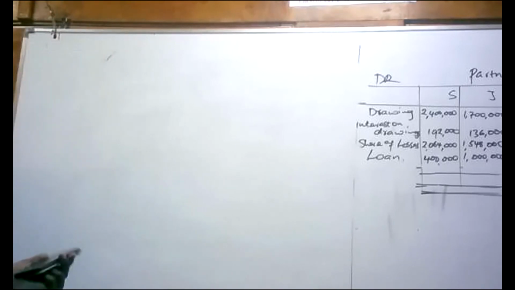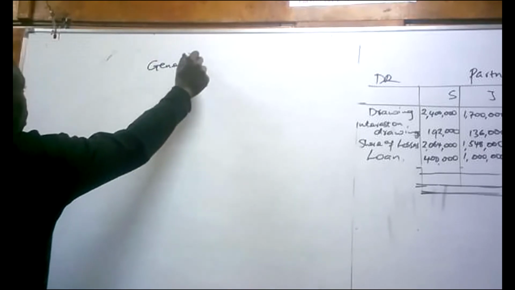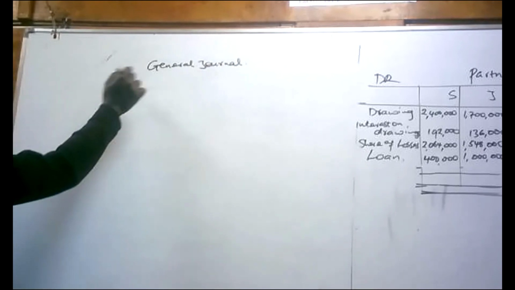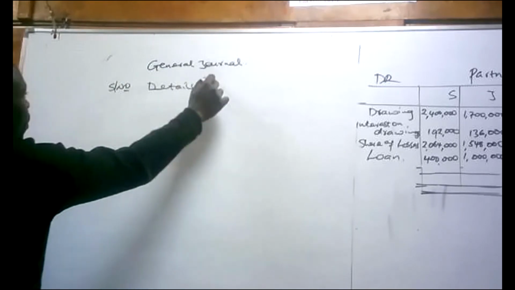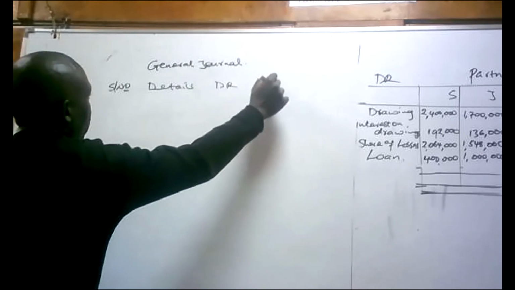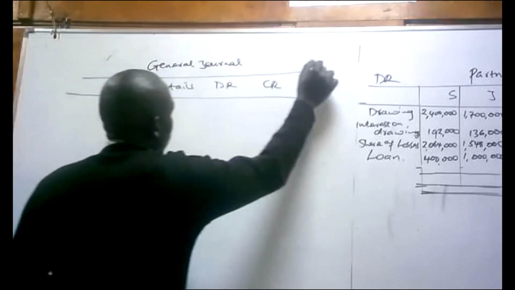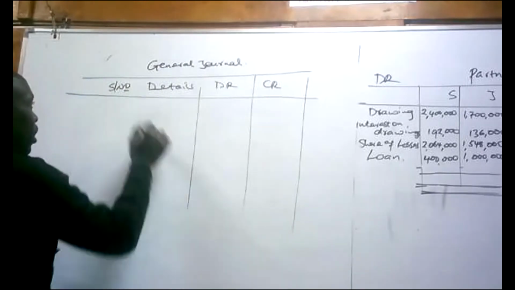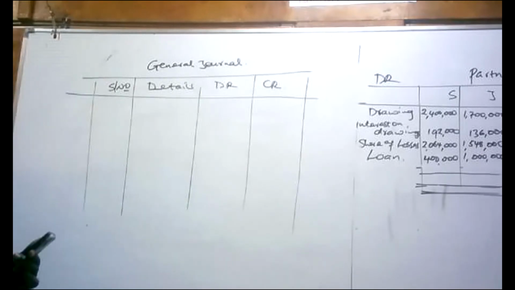Remember, they are prepared using the general journal, whereby we normally have the date, which sometimes is the serial number when you are not given, the details, the debit, and the credit. That is the journal. So, it is very important for you to know how each and every statement looks.